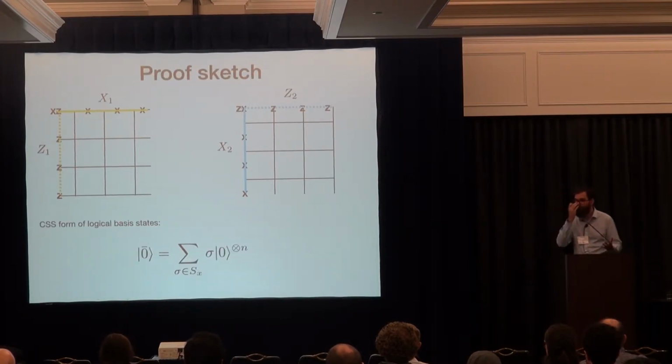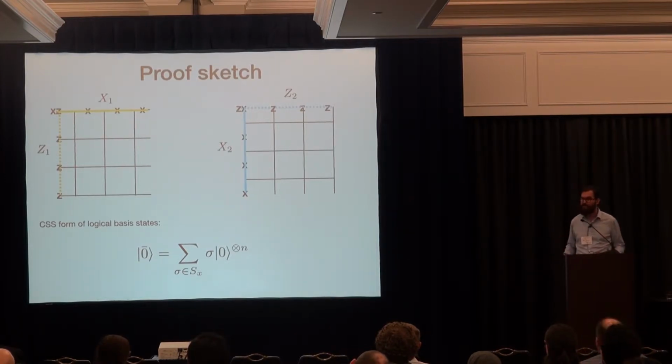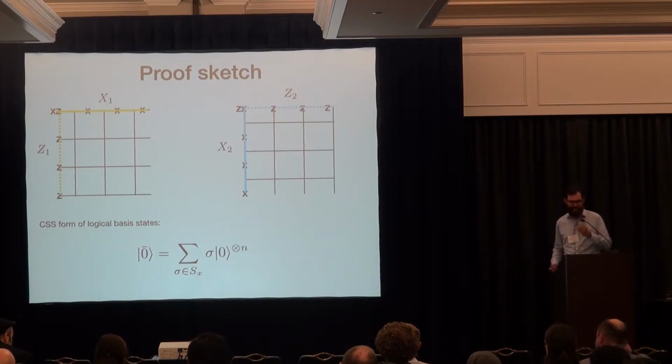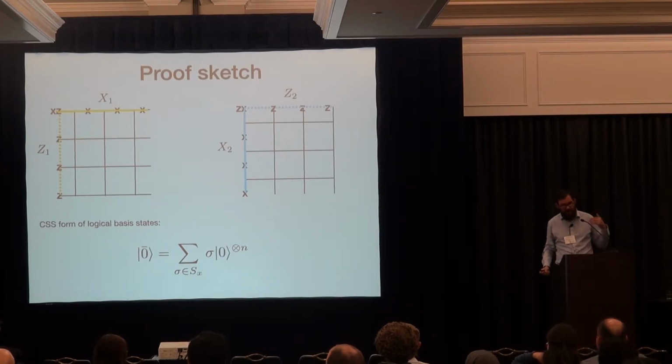Well, there's a variety of ways you can see it. You can actually see it just by thinking about the stabilizer description of the code and thinking about how these operators transform under a transversal CZ. But there's another nice way of seeing it, which I want to talk through because it generalizes to higher dimensions. So we can think about representing our logical basis states using the CSS code construction.